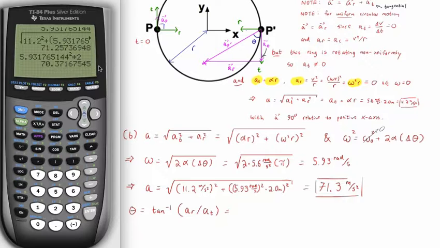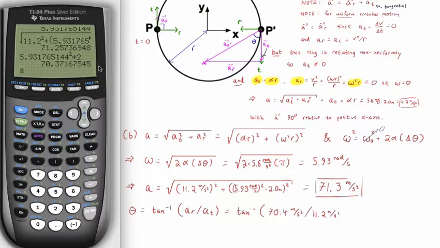Okay, so let's put this in. Tangent inverse of 70.4 meters per second squared, and then divided by the tangential component of translational acceleration, which is still 11.2 because it doesn't change.